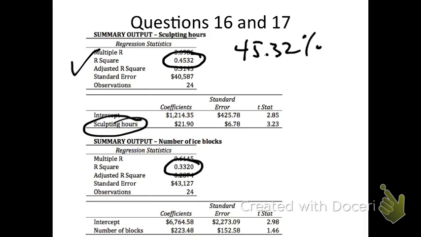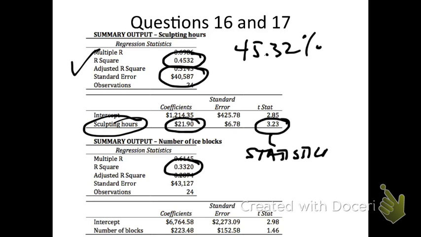And again, what backs this up, we can look at the other statistics. The standard error is smaller, meaning that the estimate will be more precise. Our data points are closer to the line. You can look at, here's our variable cost per sculpting hour, and look at the t-stat. The t-stat tells us how many standard errors we are away from zero, so whether or not we are statistically the same as zero.